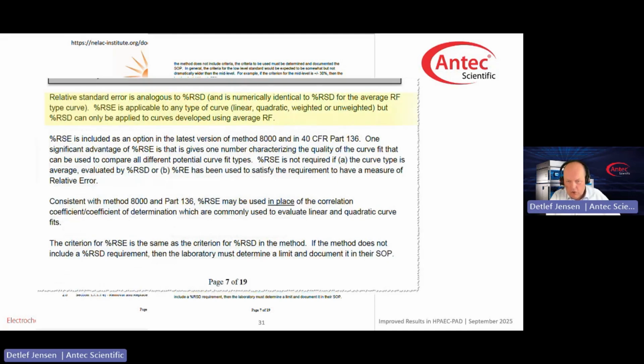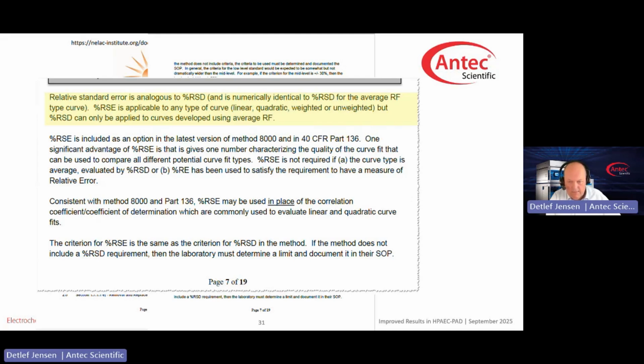Now, another shock. We had to learn that the calibration RSD is only defined for calibrations based on the average response factor. However, we are using the least square method to calculate our calibration functions. Bummer. So, and here comes the RSE into play.